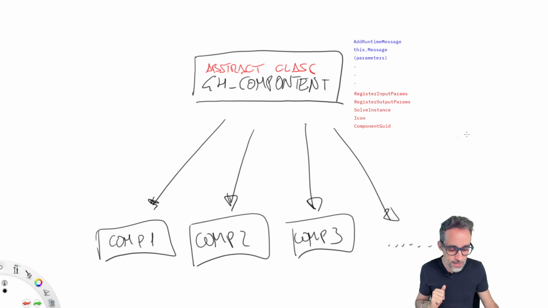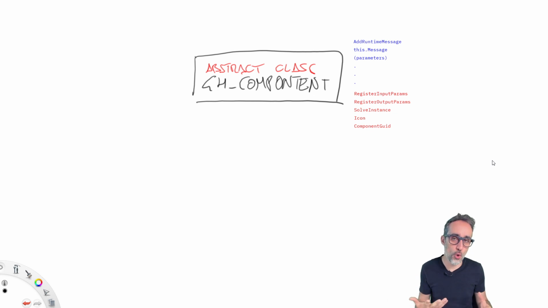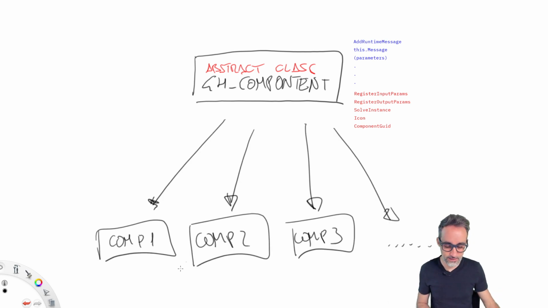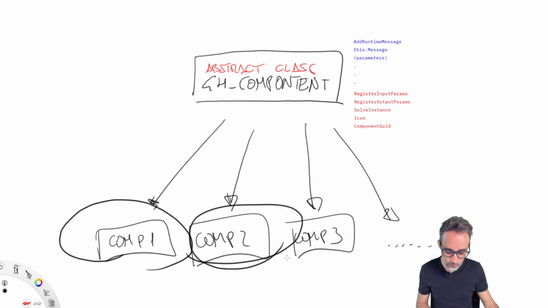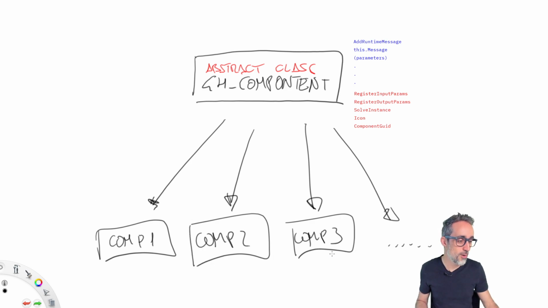Okay? So this is the regular way. However, if we know that we have some functionality that we're going to be using over and over again, instead of implementing that in every single component that we create, copying and pasting, that's not healthy, it's not maintainable, it's not good practice.